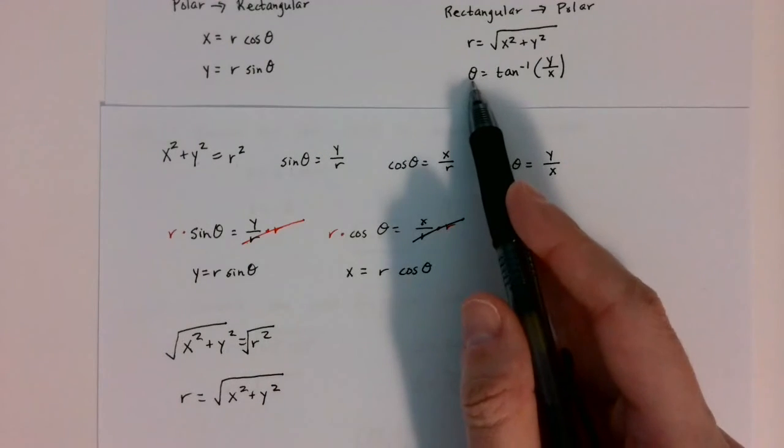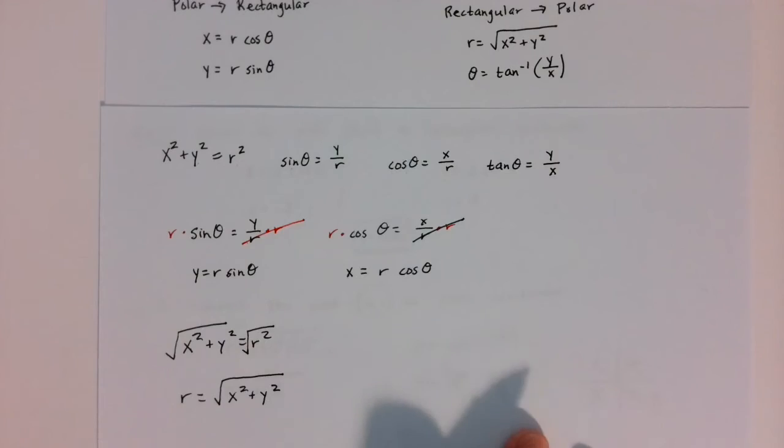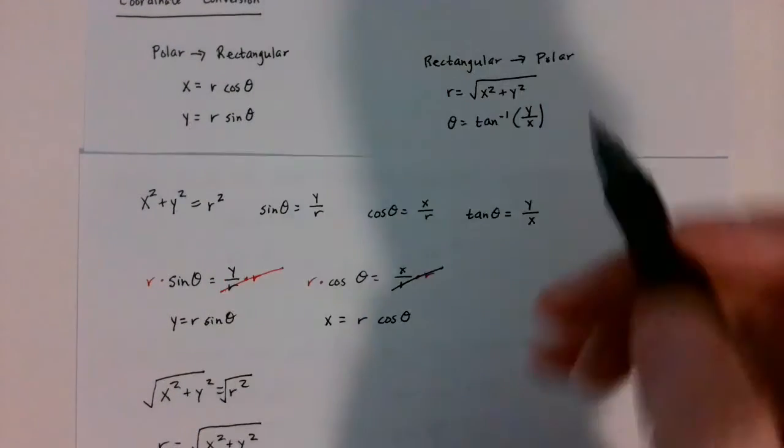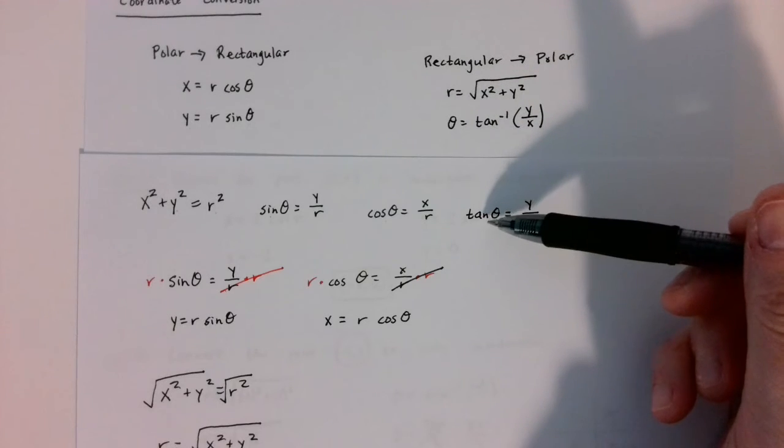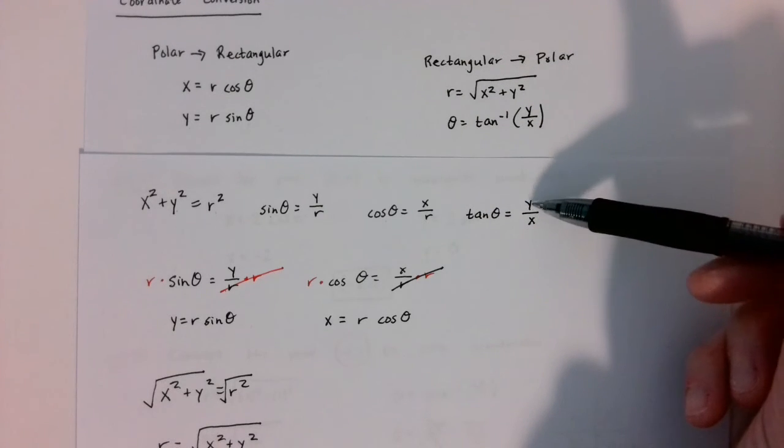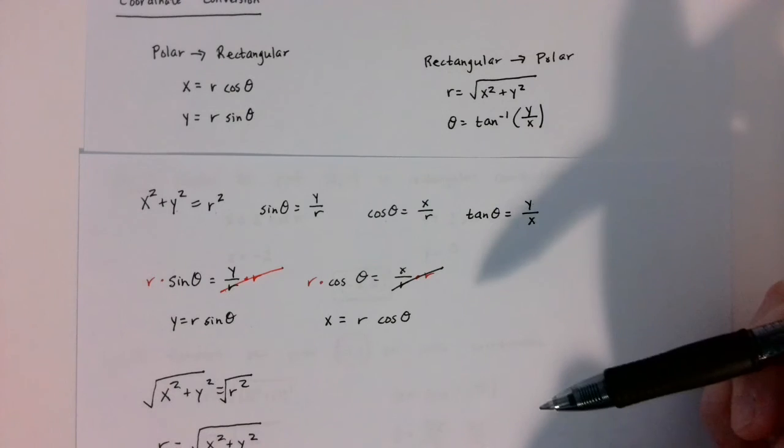And then lastly, for theta, again, if we're going from rectangular to polar, it means we have an x and y. Well, conveniently, the tangent ratio uses an x and a y, and we can solve for theta.